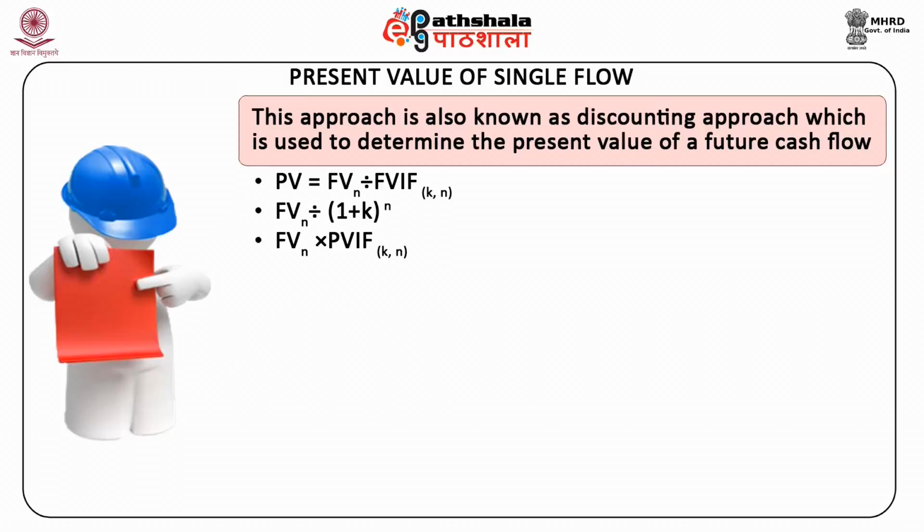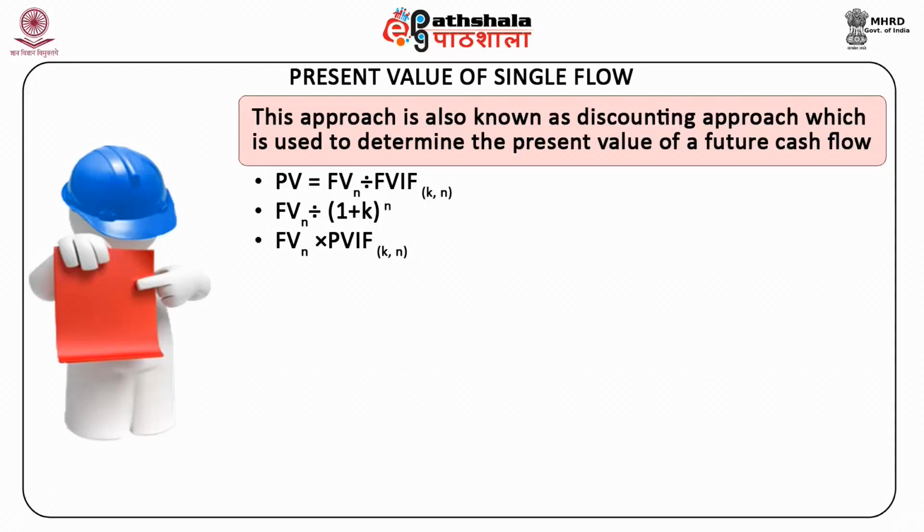PV is equal to FVn divided by FVIF k,n. This is equal to FVn divided by (1 plus k) raised to power n. Or we can also write it as FVn into PVIF k,n. Thus, we need to locate the PVIF factor for a given k and n and multiply this by the given sum.